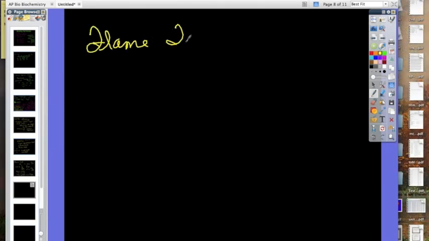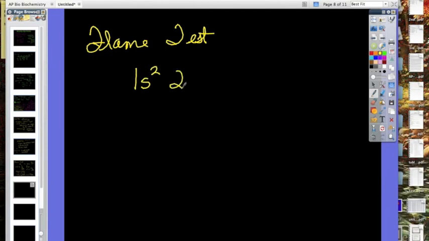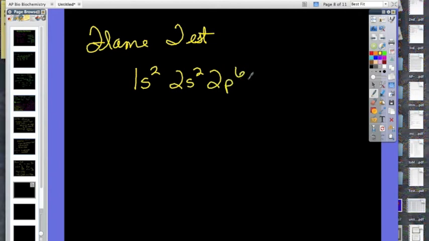And then the very last thing is, when we did the flame test lab and you heated up the elements in the Bunsen burner, what you were doing, you were causing the electrons to become excited and move up to a higher energy level, and when they came back down, they gave off the color. And so what you're looking for is, if I have an electron configuration of an atom, let's say 1s2, 2s2, 2p6, and I put that atom in the flame, some of these electrons in the outer ring can jump up to the next one.